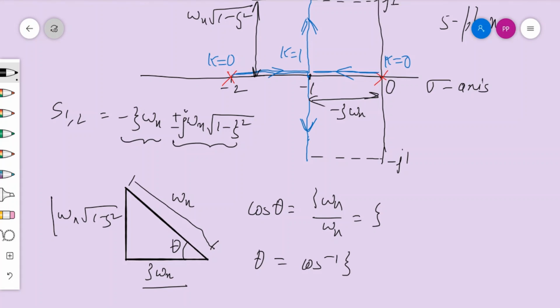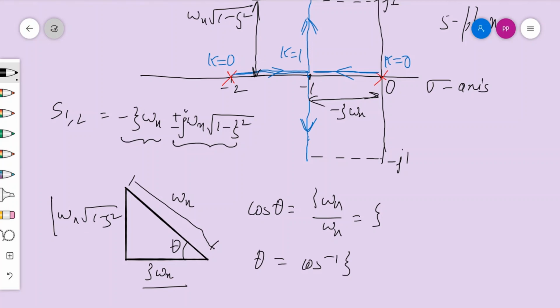With this knowledge, let us proceed to obtain the value of k for different positions of the trajectory drawn in this figure and the variation of the roots.